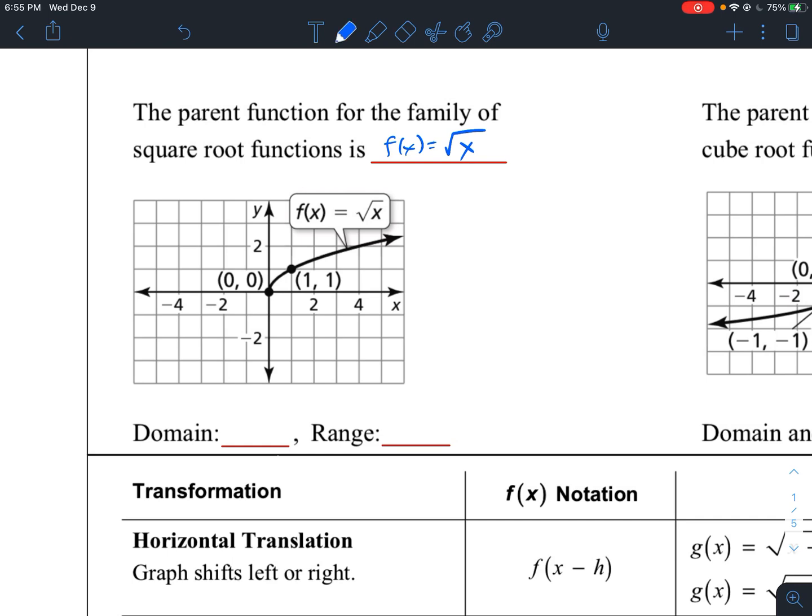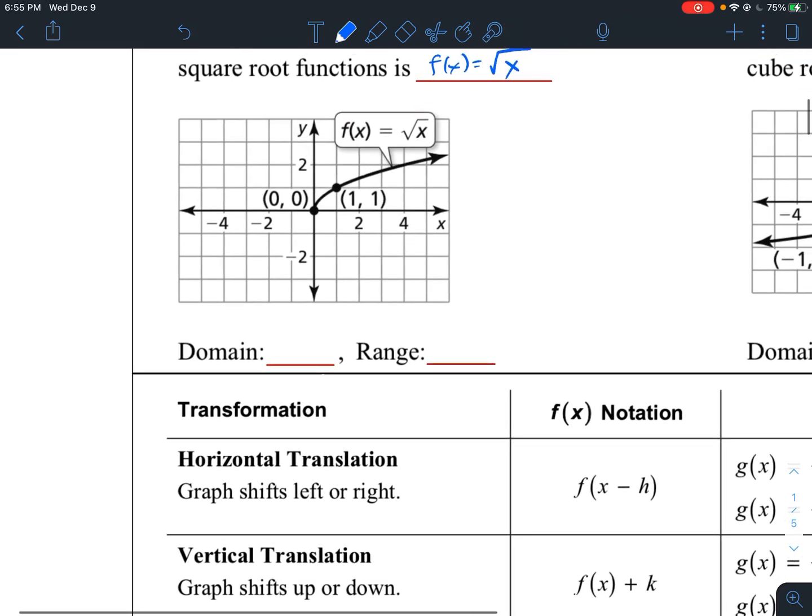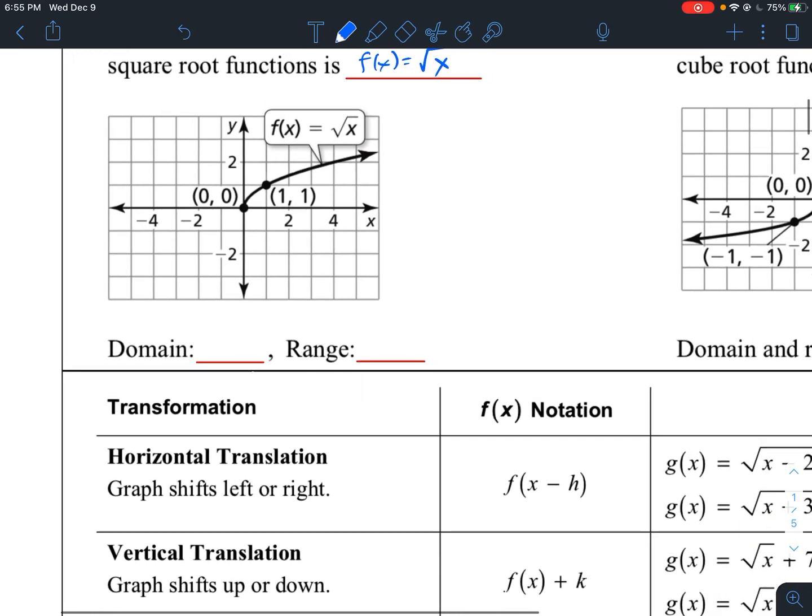But anyways, let's talk about the domain and the range of this function. If we're talking about the domain, the lowest possible x value is at x equals 0. And then you can see that the graph continues, and the x values will increase from there. So the domain would be x is greater than or equal to 0. For the y value, it's the same thing.